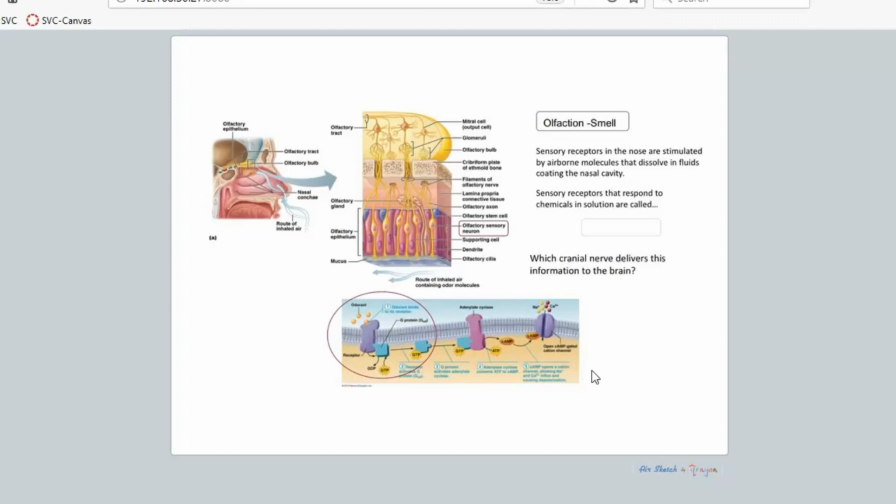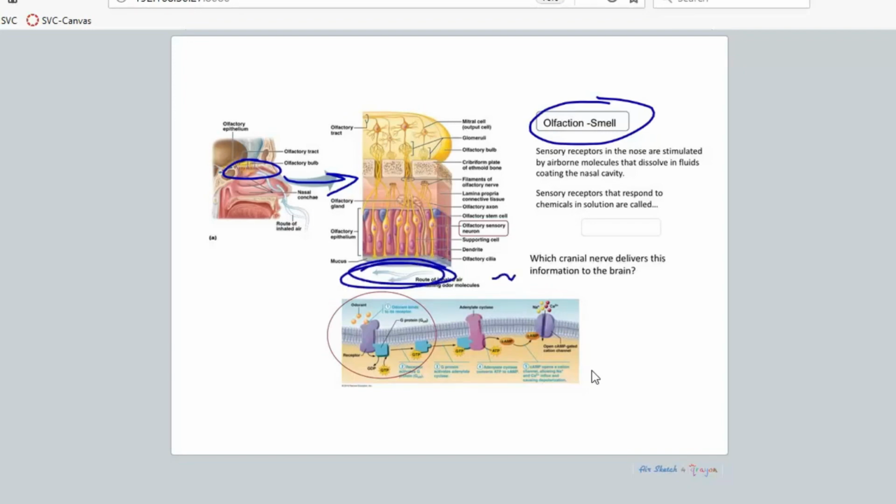Okay, so let's just run through some of these here. Let's first talk about smell, which is also called olfaction. So here we are up in the nasal cavity, and this is a close-up look of that. This is the nasal cavity right here.